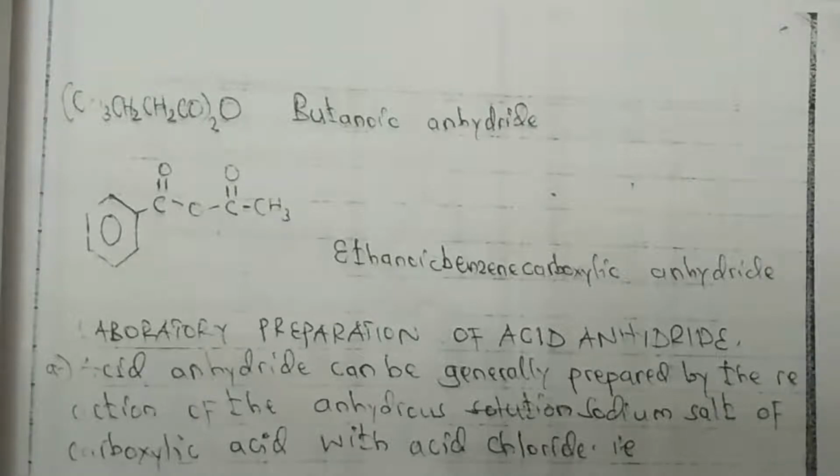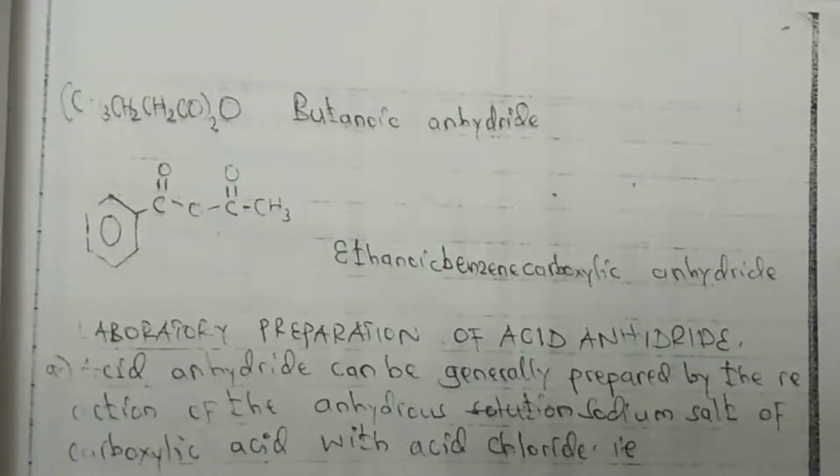Ilipotakiwa kukaa ethanoic benzene carboxylic acid, basi inakuwa ethanoic benzene carboxylic anhydride. Actually hatuna compound ambayo ni ethanoic benzene carboxylic acid. Kwa sababu gani? Kwa sababu kama ni ethanoic acid ingekuwa peke yake na benzene carboxylic acid ingekuwa peke yake. But this is the combination of these two molecules na water molecule pembeni.